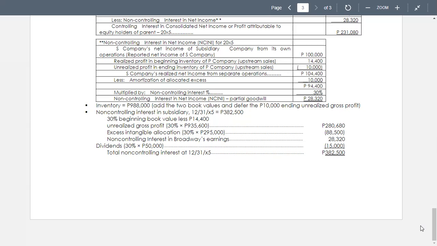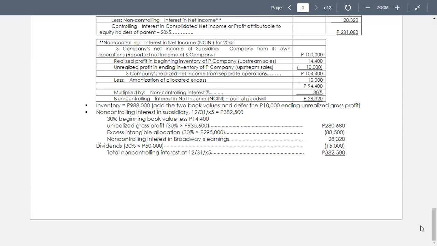And another upstream sale from subsidiary Tuna to parent and to Salad, 315,000 times 25 over 125. So that's how we get 54,000, 66,000, and 63,000, which are all additions.